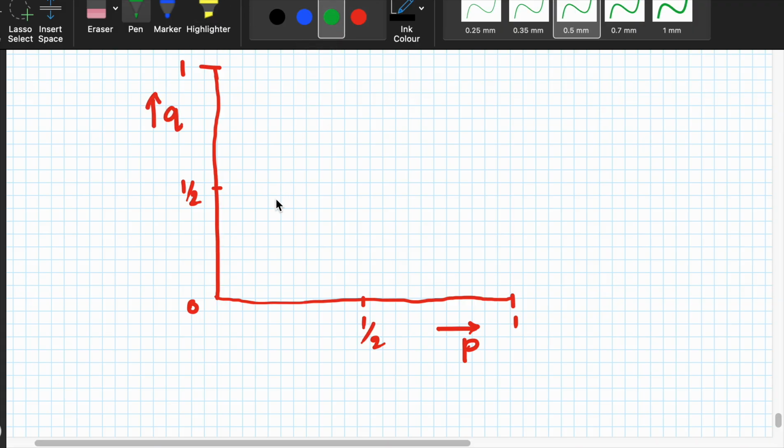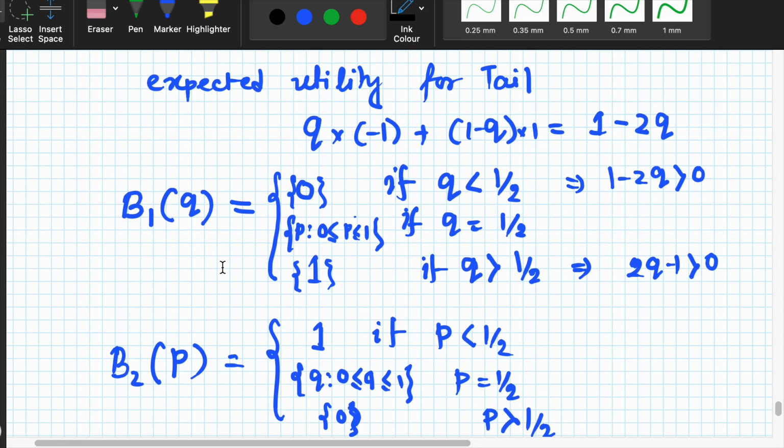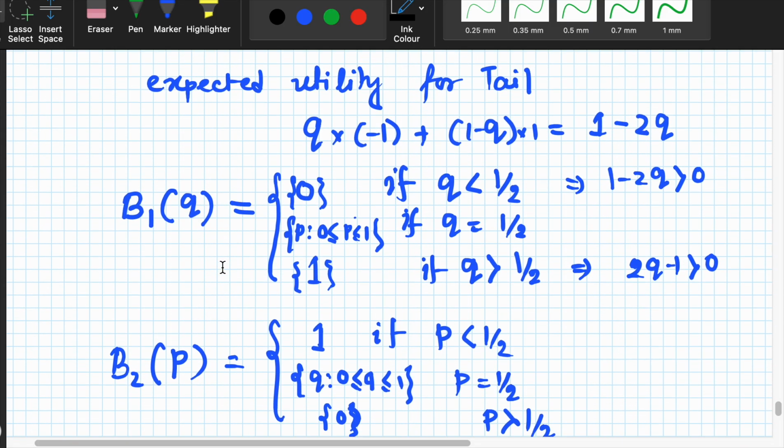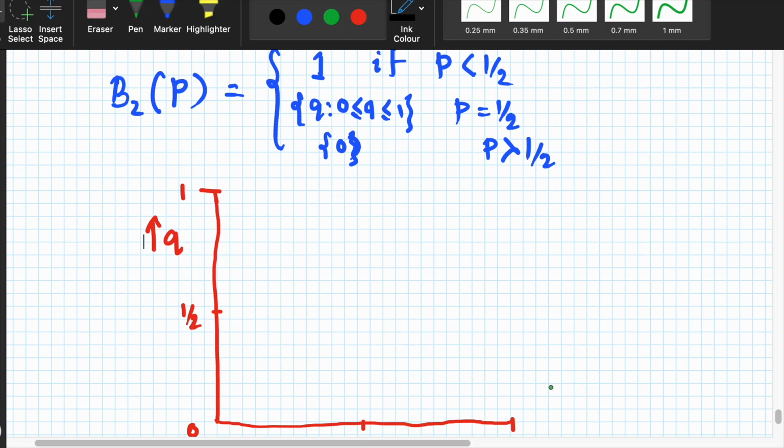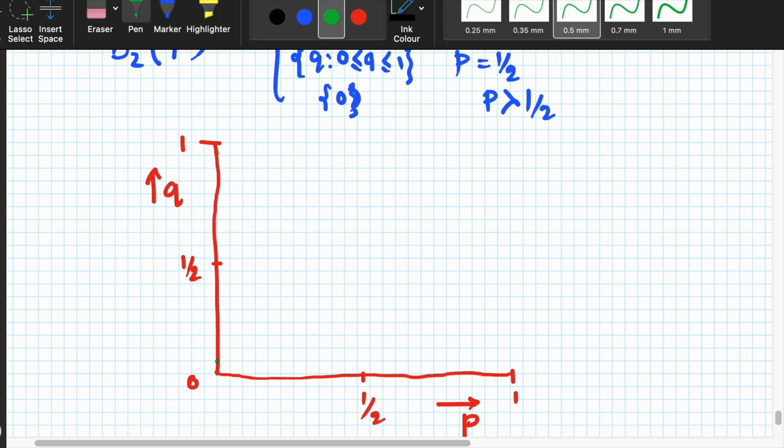Now let's write the best response function of player 1, which is a function of q. For every q less than half, the best response is p equal to 0.